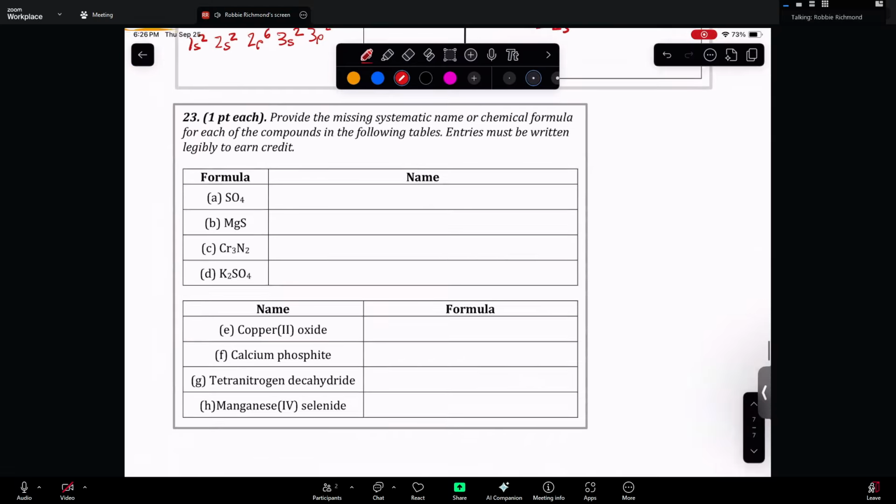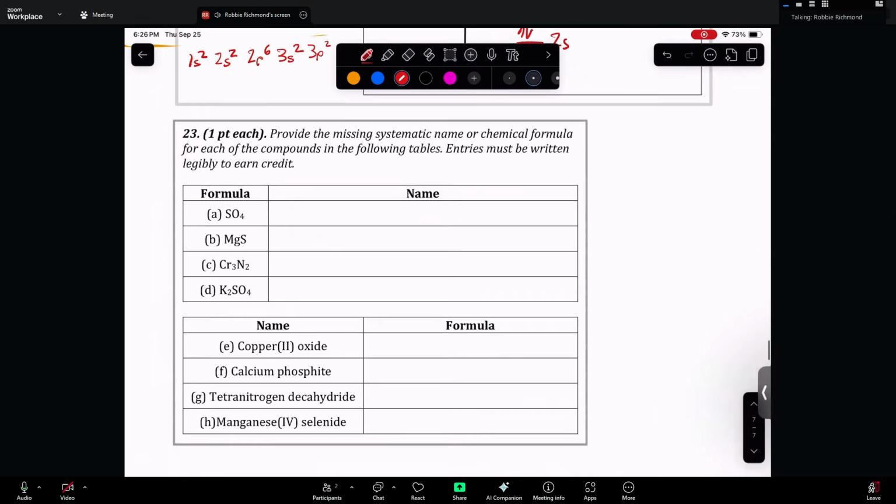Alrighty, last free response question. This is just nomenclature. So just to recap, molecular compounds and ionic compounds follow different nomenclature rules. Molecular compounds are, in my opinion, the easier of the two.